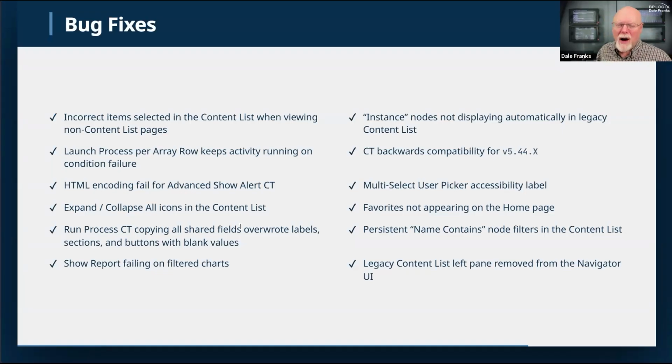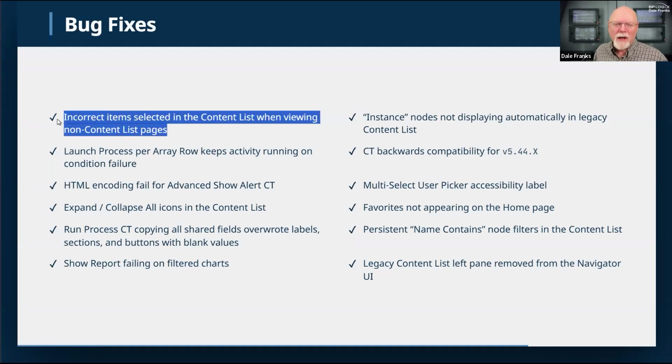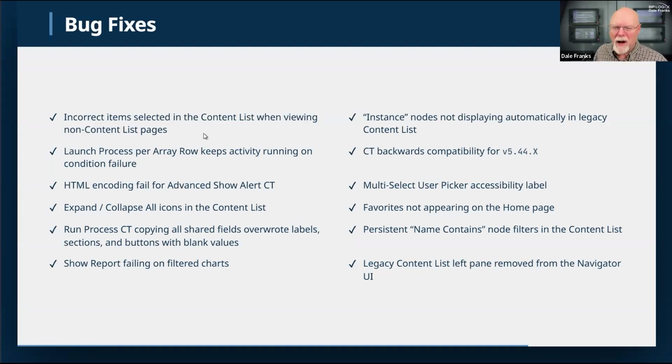There are some issues with the content list. It was either not refreshing properly, wasn't showing things properly, or, as in the case of this very first one here, if you were viewing some of the non-content list pages, right? So let's say you're looking at the edit user page in IT admin, which doesn't show up in the content list. The content list was sort of navigating itself over on the right-hand side to select some unrelated objects.